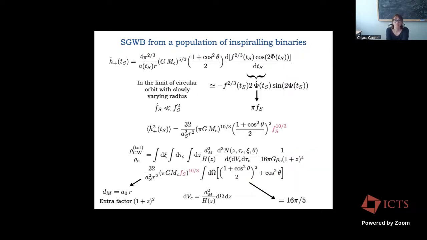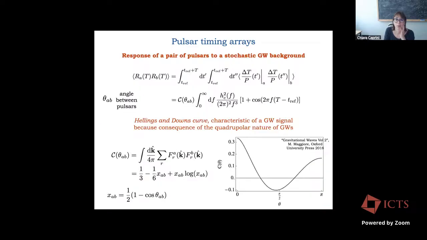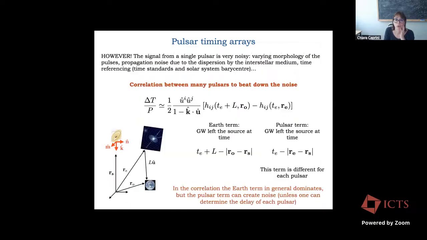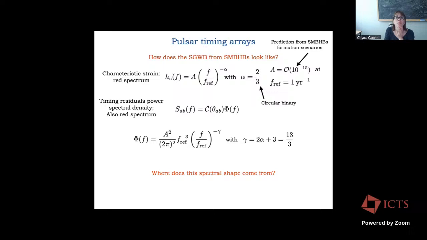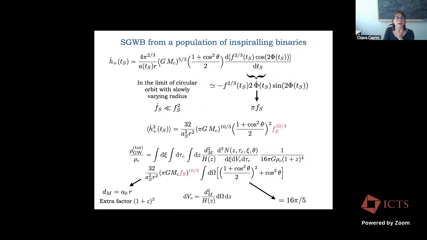Once again, the gravitational wave emission by a binary is the same expression that I've used here: chirp mass to the 5/3, frequency to the 2/3, inversely proportional to the distance. Here we are at the binary, so it is not the luminosity distance, it is the coordinate distance at the binary, and t_s is the time at the source.